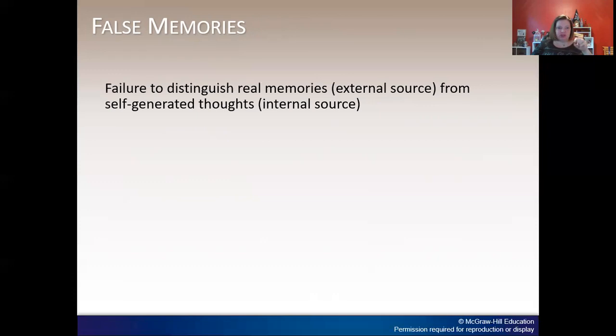Some false memories are a failure to distinguish between real memories and generalized thoughts. There have been stories in families where family members will get together and talk about something that happened.